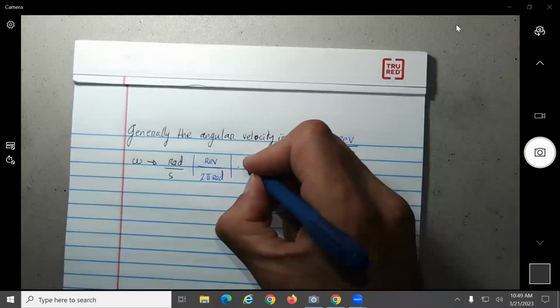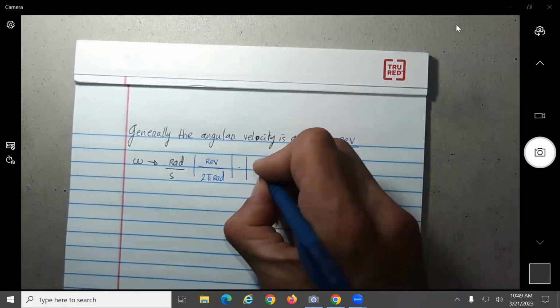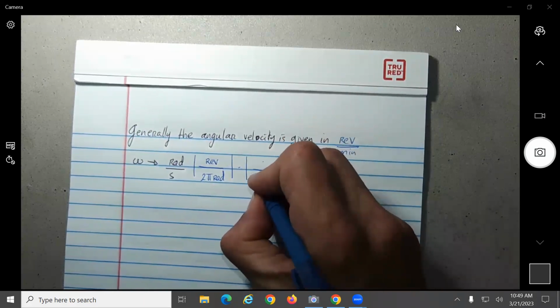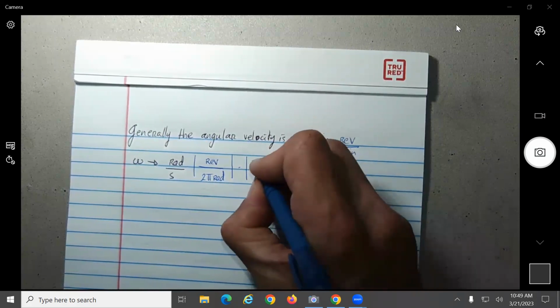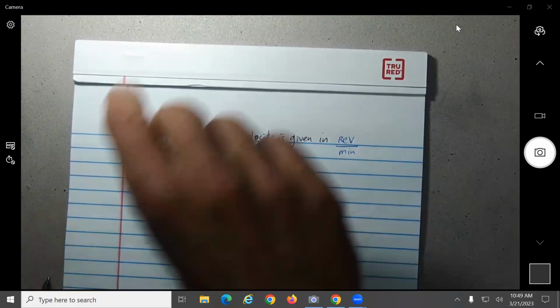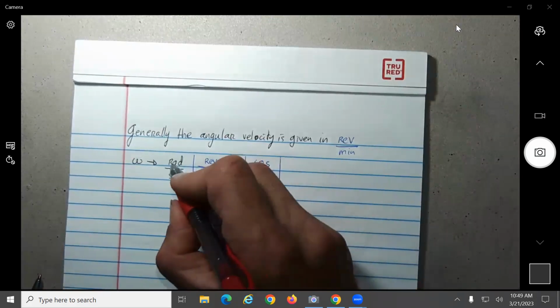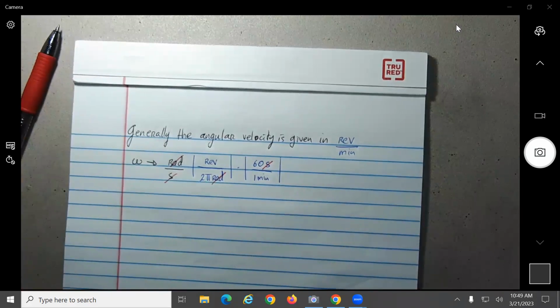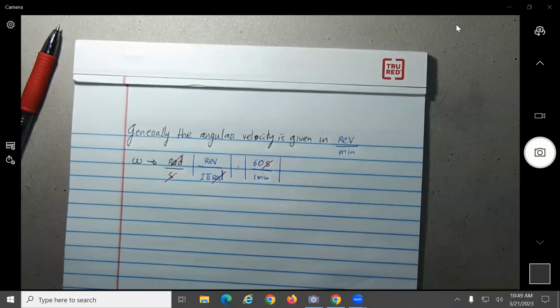And then this one is even easier. You want revolutions per minute, so let's say 1 minute will be how many seconds? 60 seconds. So over here you see now you can cancel the radians and seconds, and you are left with revolutions per minute.